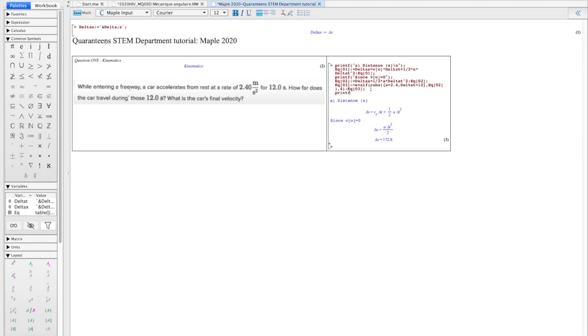So at the end, you would just put your printf again to write your final sentence, which would be: the car travels 172.8 meters. So that is the answer for A.